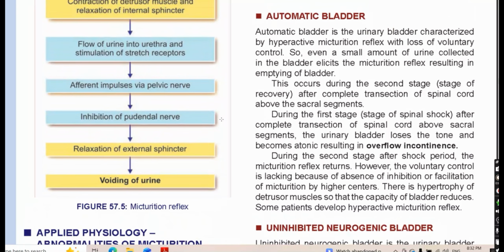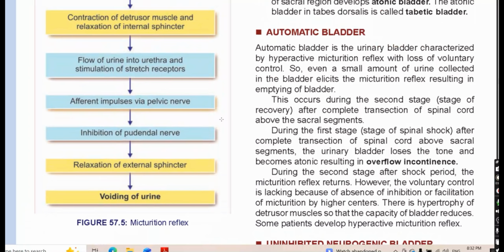So students, we have completed our total micturition chapter, and whichever type of question comes in graduation or any other level of examination, I think you can solve it easily after reading these lectures.